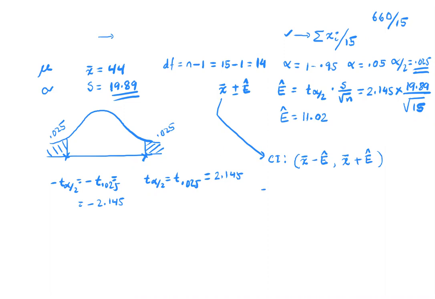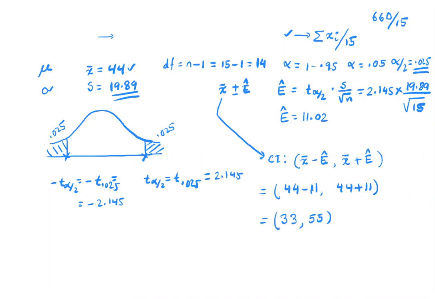Then my X bar is 44, so it's going to be 44 minus 11.02. So just make it 11, a nice number. Don't do it for the online homework, though. I'm just doing it here to make it a nice number. 44 minus 11 is 33, right? Comma, 44 plus 11 is 55.